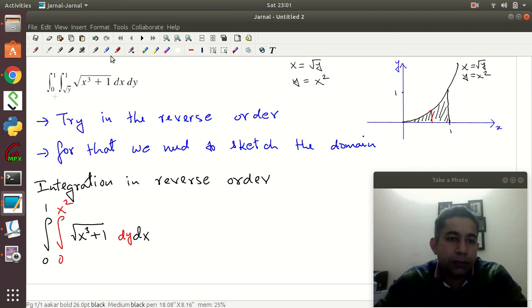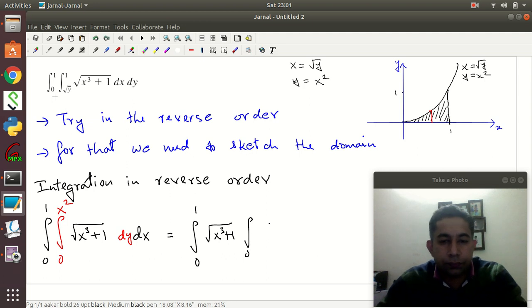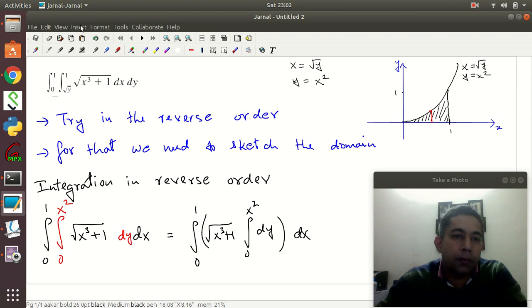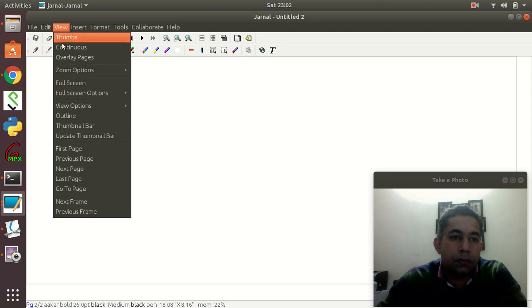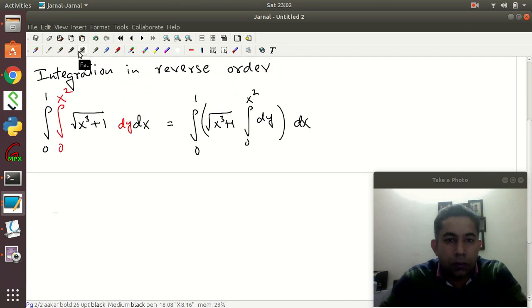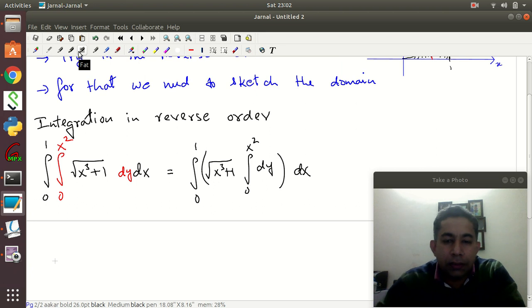So this can be rewritten as the integral from 0 to 1 of root x cube plus 1, times the integral from 0 to x square of dy, and the whole thing integrated with respect to x. And these are easily doable.